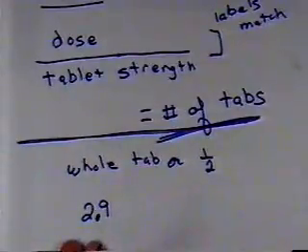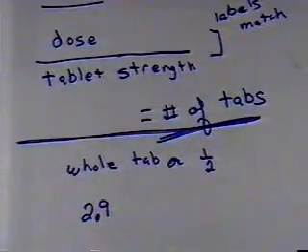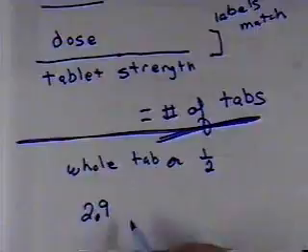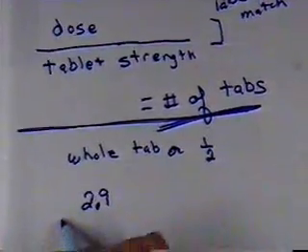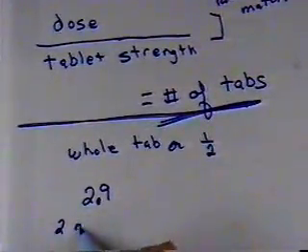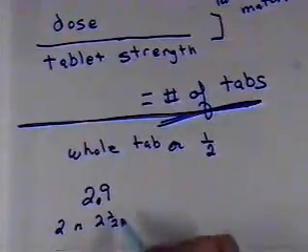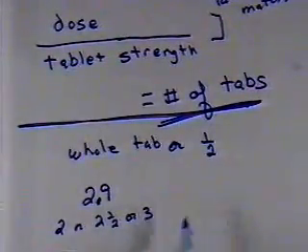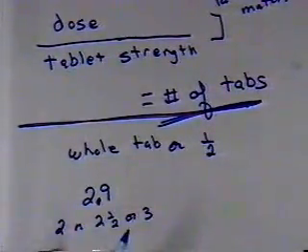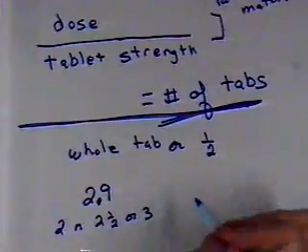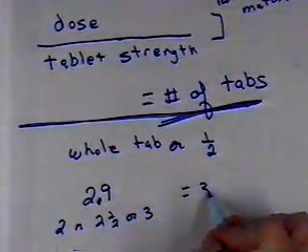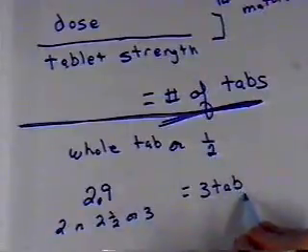We can't give 2.9 tablets because you can't cut 1/10 of it off. What you have to ask yourself is, is that going to be closer to 2 tablets, or is that closer to 2.5 tablets, or is that closer to 3 tablets? 2.9 is closer to 3, so we're going to give 3 tablets.